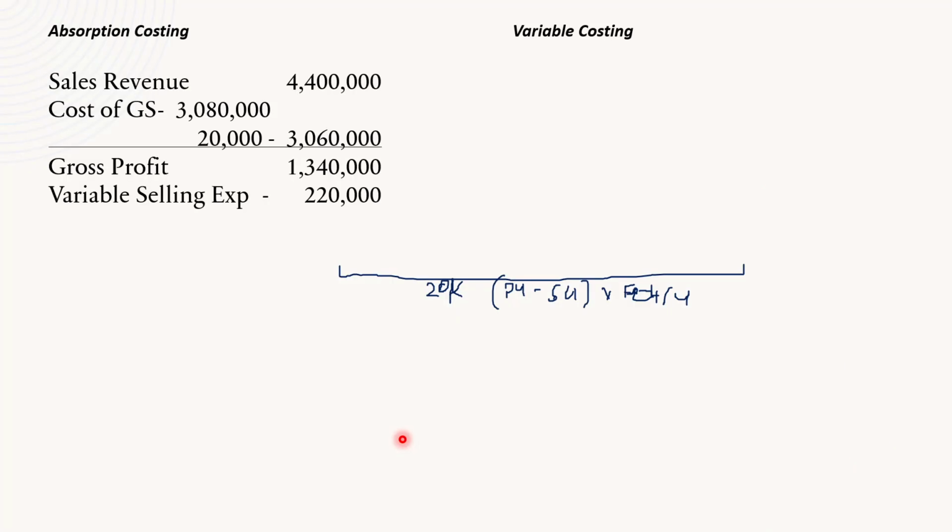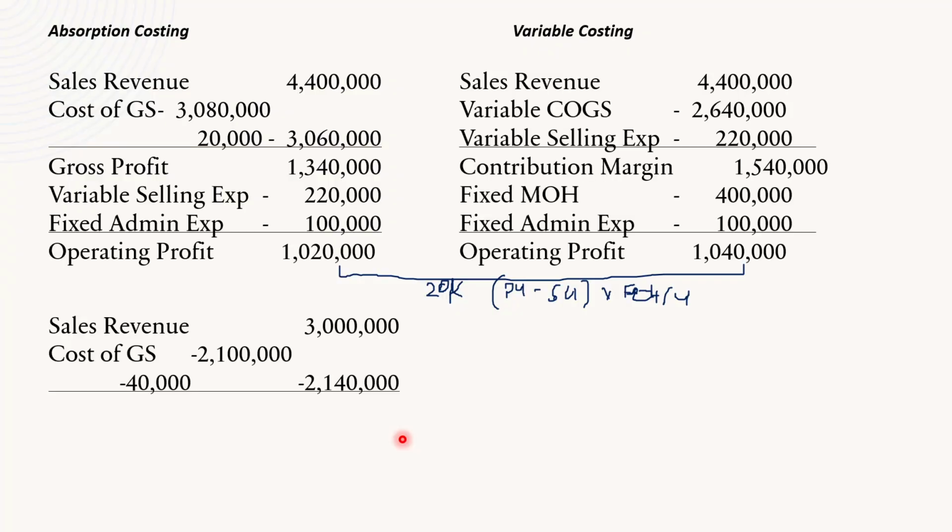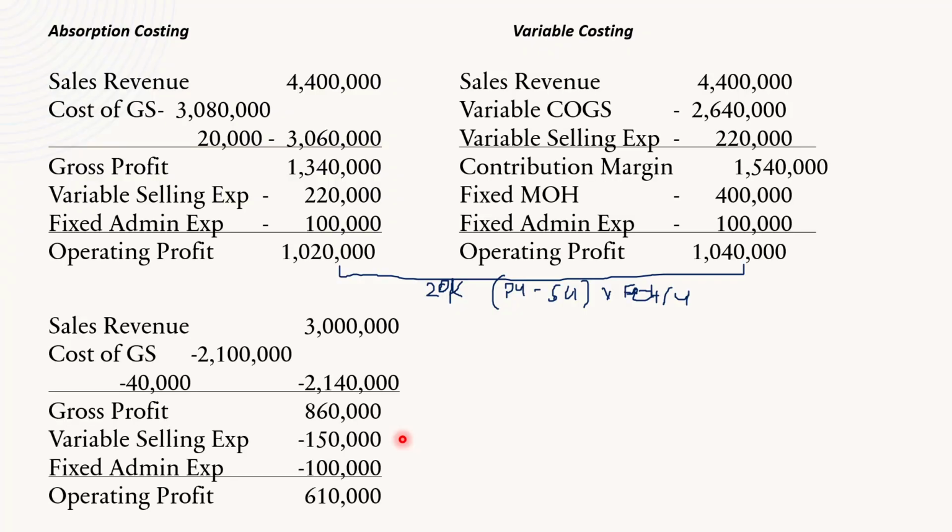Okay. So again, sa absorption costing, ang nakuha nating operating profit, 610,000. Paano naman dito sa variable costing? Sales revenue is the same. 15,000 units sold times 200, that's 3 million pesos.